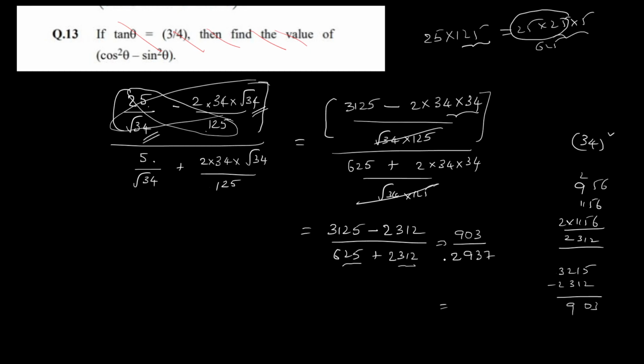So 903 divided by 3, 2937 divided by 3. The fraction is 301 by 979. 301 by 979 is the correct answer.